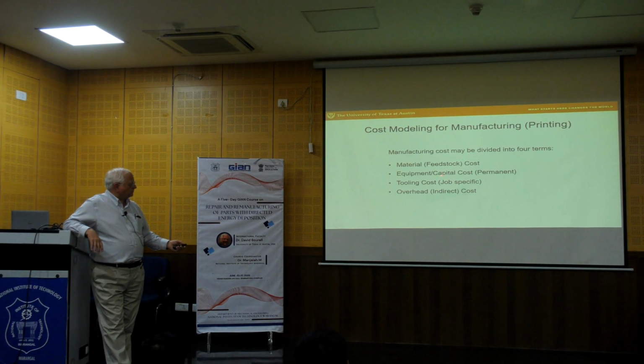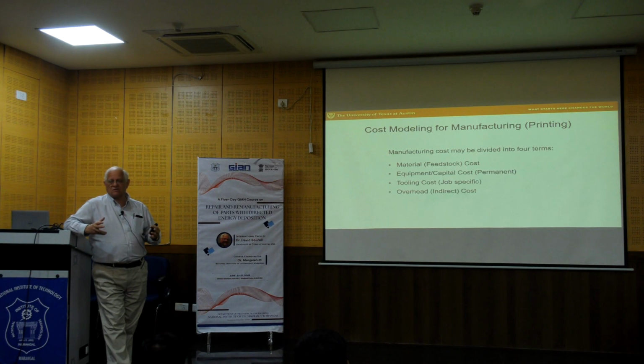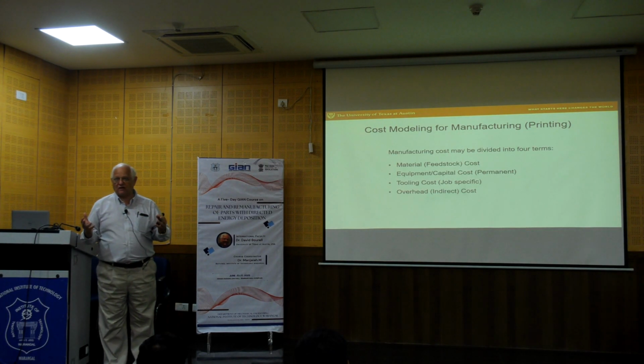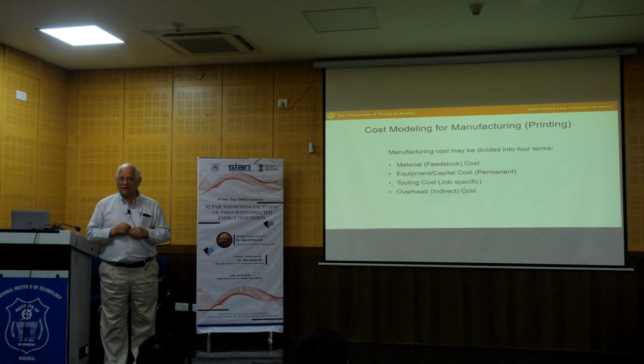Then the second is the equipment cost or the capital cost. So this is effectively the machine that does the fabrication. For directed energy deposition, it would be the purchase of the LENS machine.